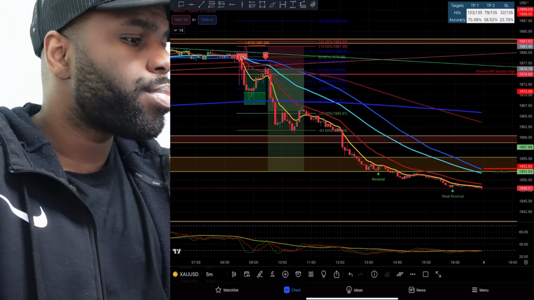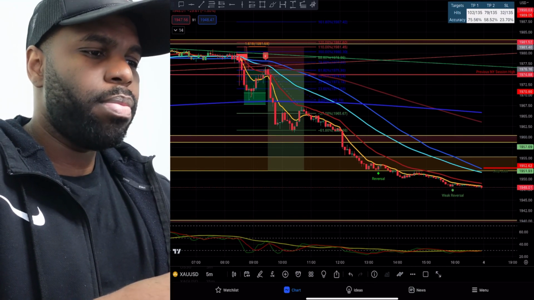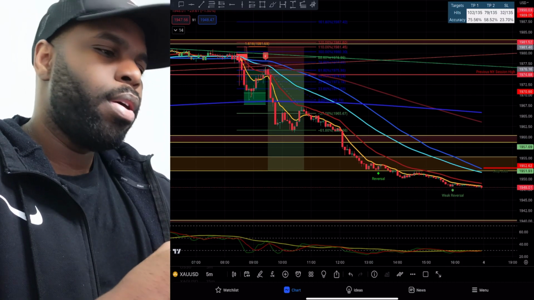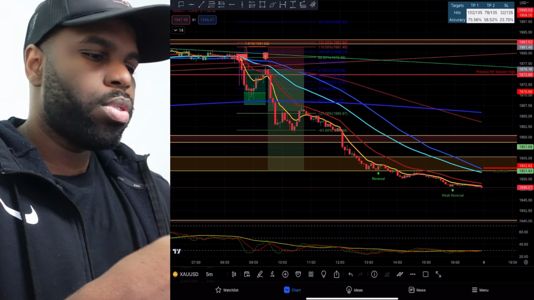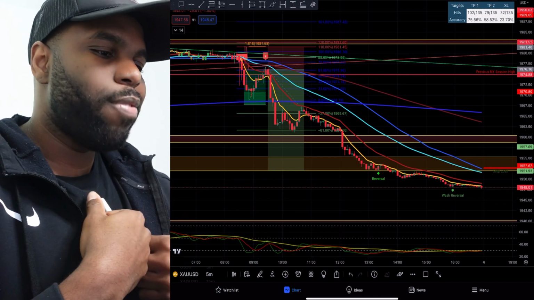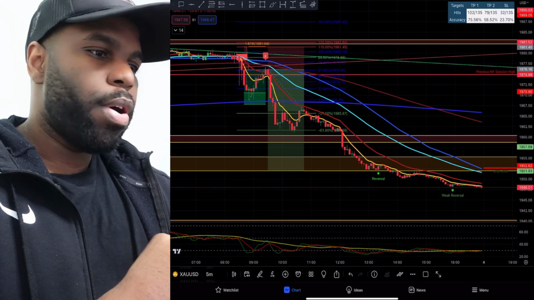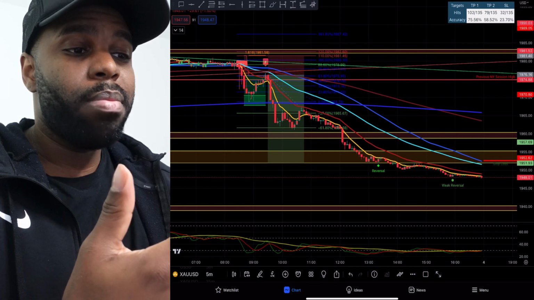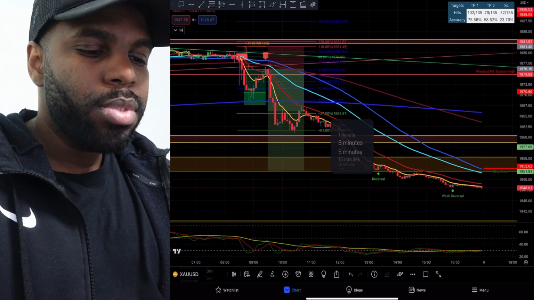There are other pairs that CPI and NFP affect, like USD/JPY, EUR/USD, SP 500, Nas 100, even Bitcoin. But the ones I look at for the most part are gold, silver, and US 30 on these days. You can make a decent profit off of these days.